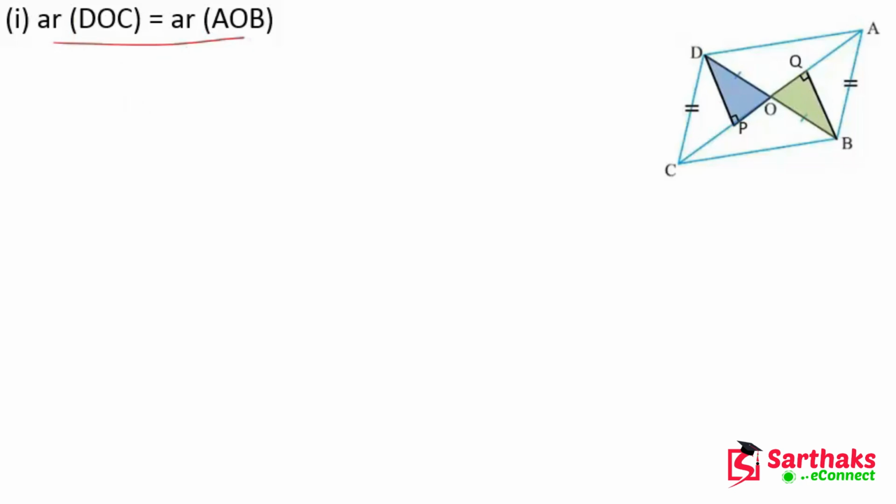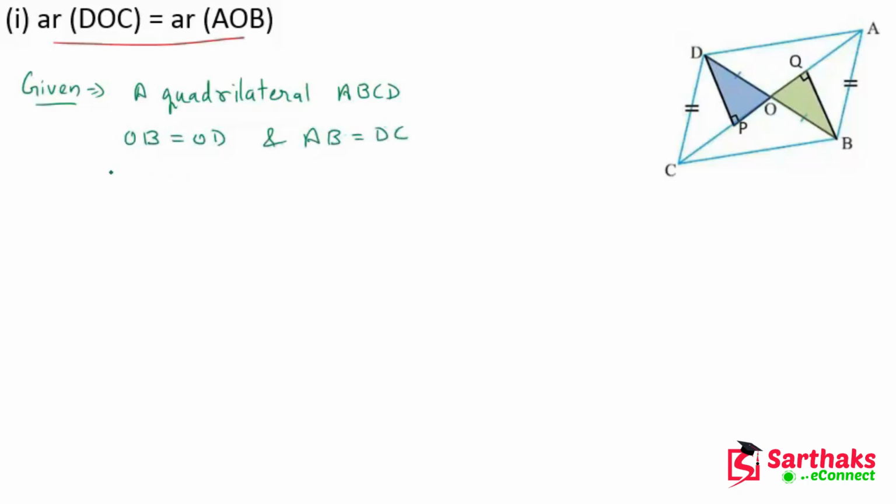So first of all, let's write the given part. We have a quadrilateral ABCD, and OB is equal to OD and AB is equal to DC.